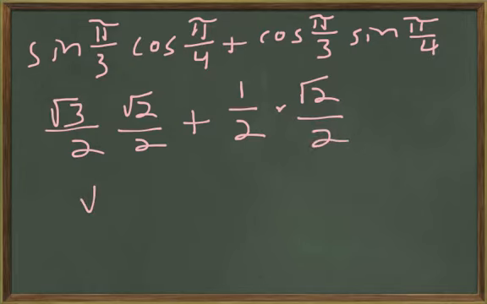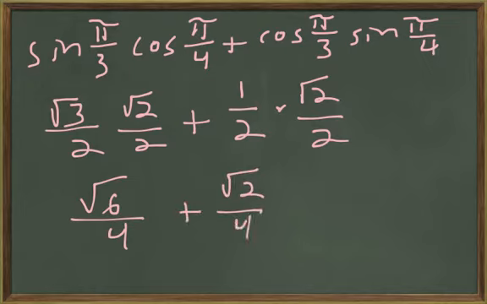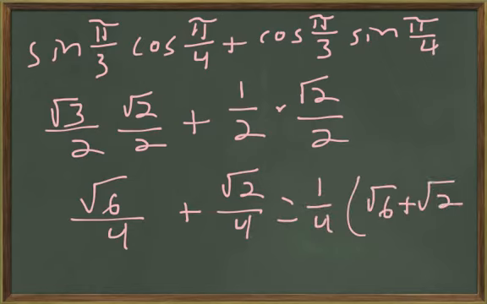So this ends up being square root of 6 over 4 plus square root of 2 over 4. So just like we did in the previous one, that's the same as 1/4 square root of 6 plus square root of 2.